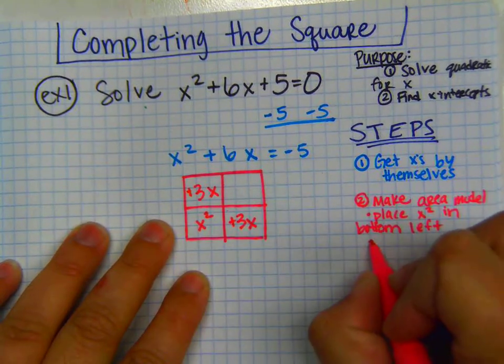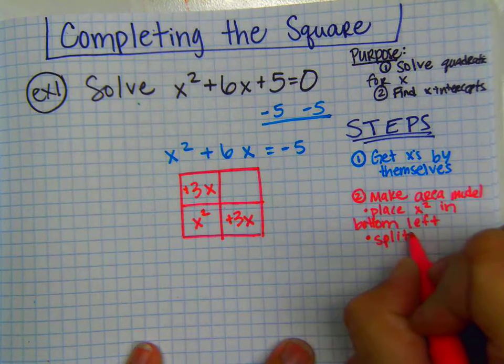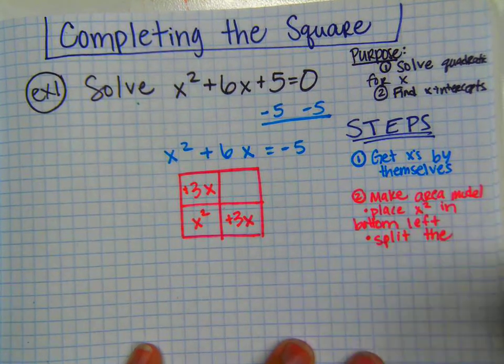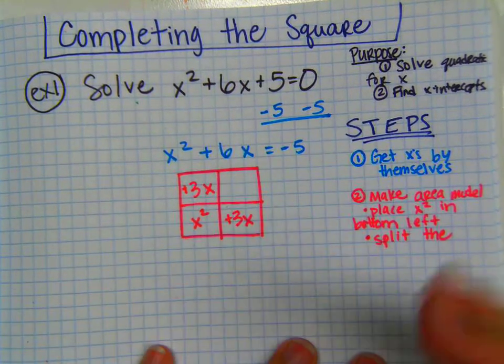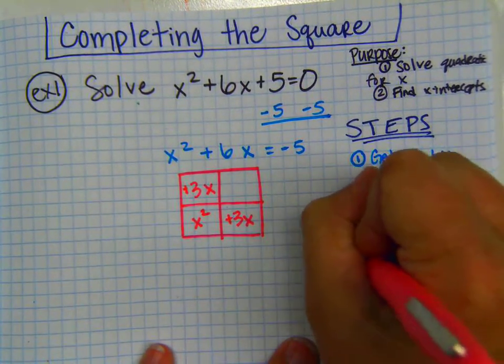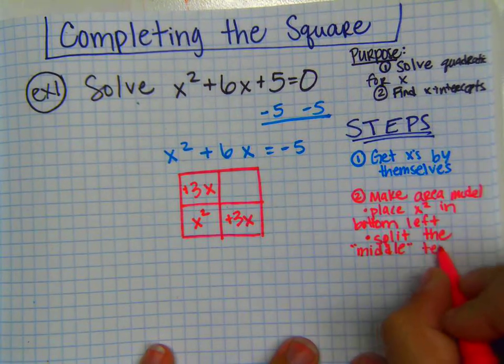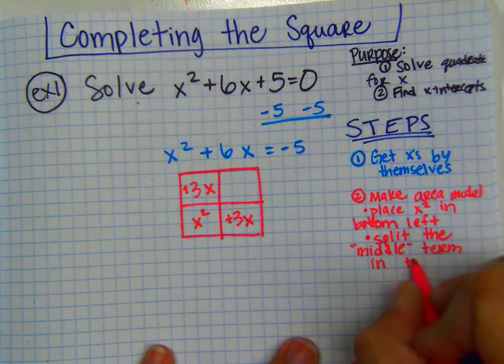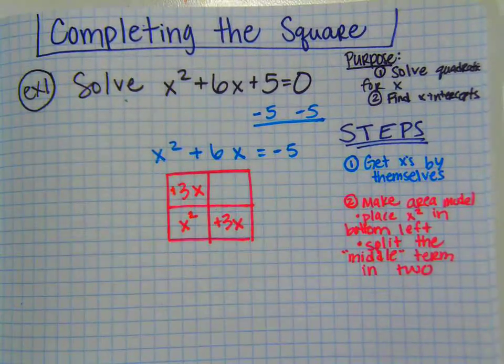So I'm going to write down here, split the middle term. And it's technically not the middle term anymore, right, because we moved this one, but I'm still going to consider it the middle term. I'm going to write split the middle term in 2. Okay, so we split it up and we put them in the sides.